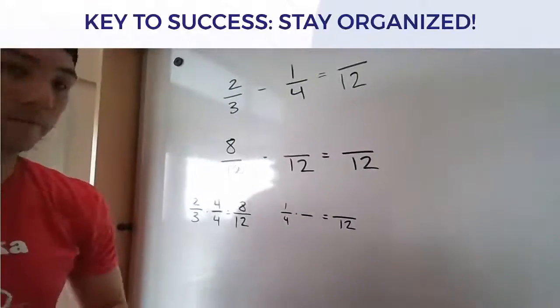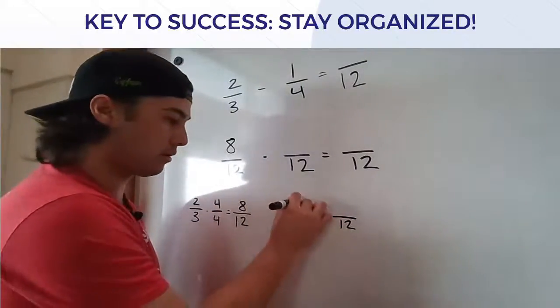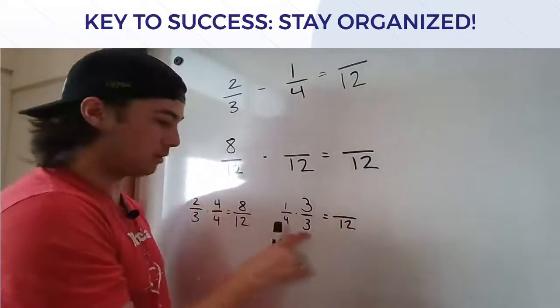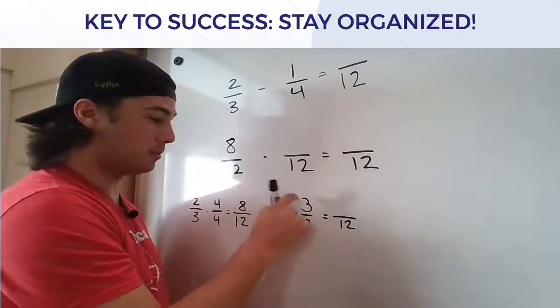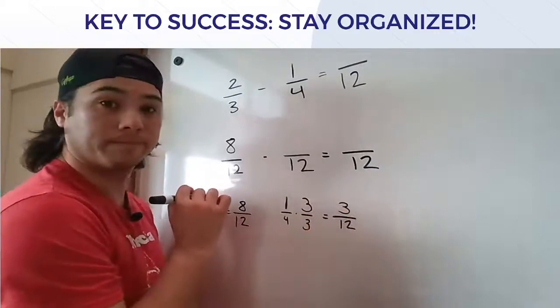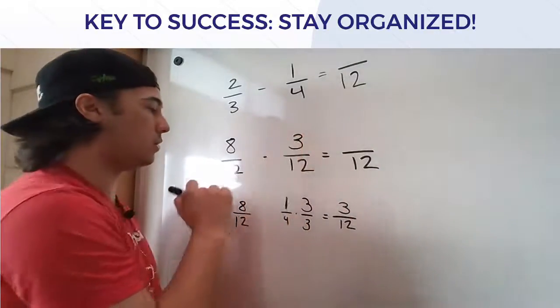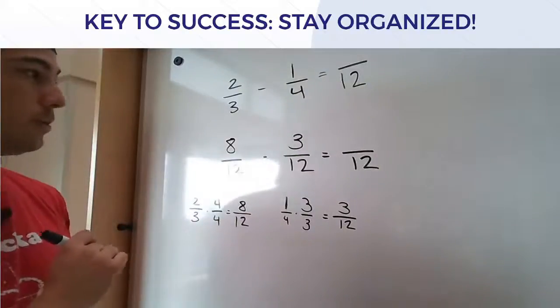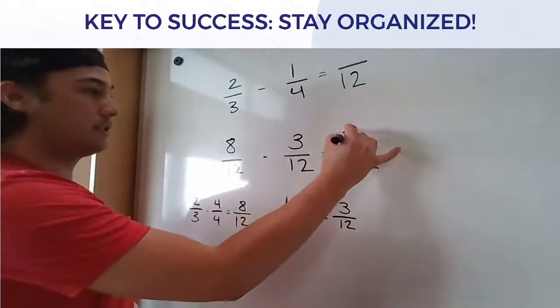So we're going to use 3/3. 4 times 3 is 12. 1 times 3 equals 3. So we know we have 8/12 minus 3/12.